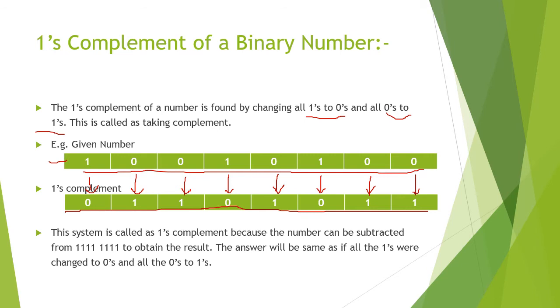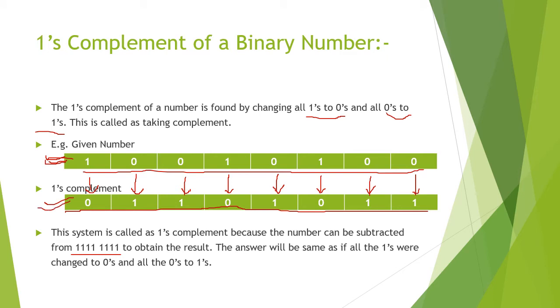Now, why is it called ones complement? Because if we subtract the given number, whatever it may be, here in this case we have taken this number, from 1 1 1 1 1 1 1 1, then the result that we are getting is this number.